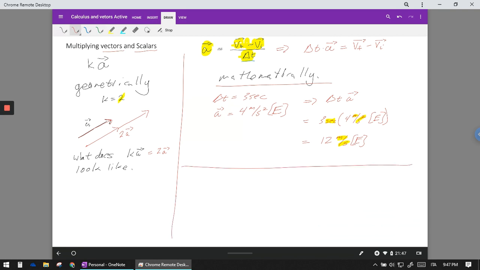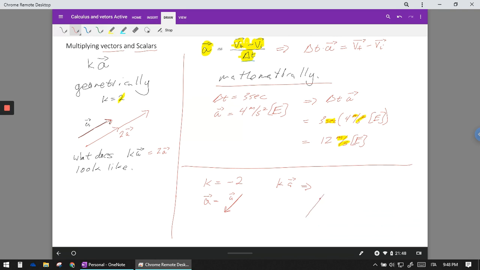What happens if I've got a k of -2 and my vector A looks like this? Then the KA vector would be a new vector, but instead of pointed 2 times down in that direction, it's actually pointed in the exact opposite direction.